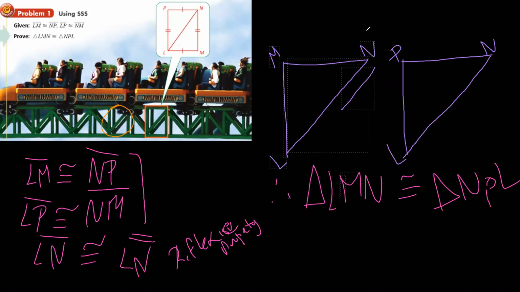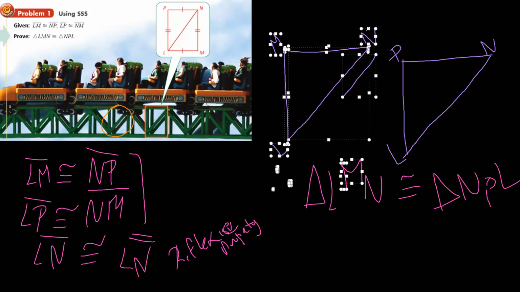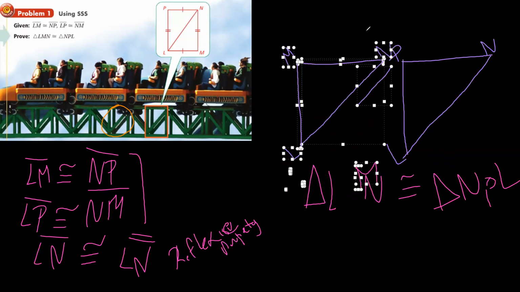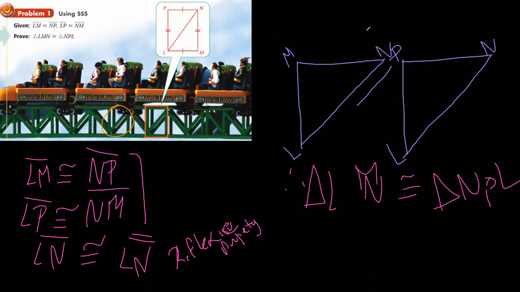I need to move it. Yes, teacher, I mean that if I put it corresponding to the triangle here, NPL, imagine that this part here, I take it, I put it here and flip it to make this rectangle.